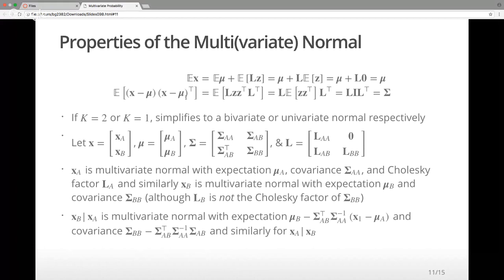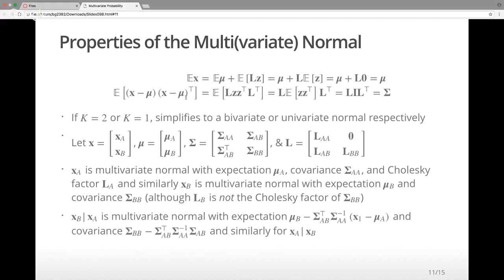Similarly, we can take the expectation of the outer product of X minus mu. That is equal to the expectation of L times Z, times Z transpose times L transpose. We can take the L's out because they're constant and evaluate the expectation of Z times Z transpose, where Z again consists of random variables that are independent. So they're going to be uncorrelated and standard normal.